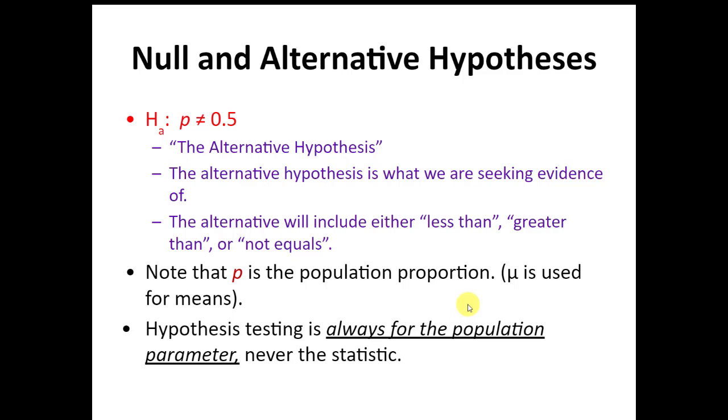We do this because we're trying to infer what the truth is in the population using the information from our sample. We're trying to make the best most educated guess with as much evidence as we can obtain from our experiment to make a correct decision about what's happening in the unknown truth.